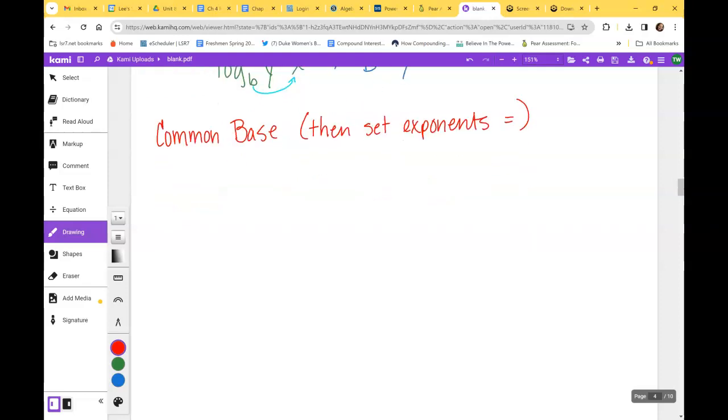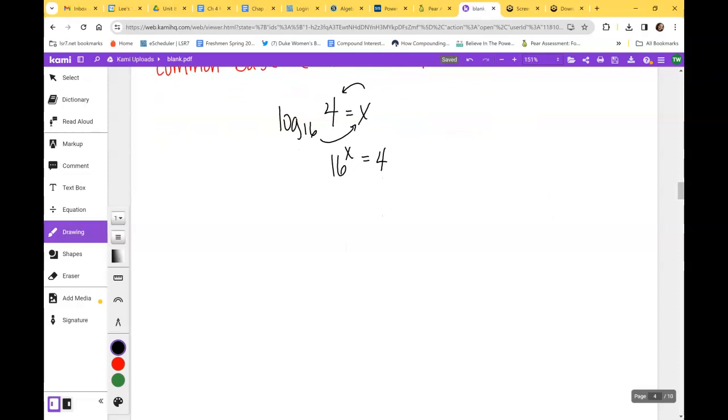Okay, so if I have log base 16 of 4 equals x, I'm going to do the around the world. So 16 to the x equals 4. Okay, and then I want them to be written as a common base, and usually that common base is whatever the smaller number is.